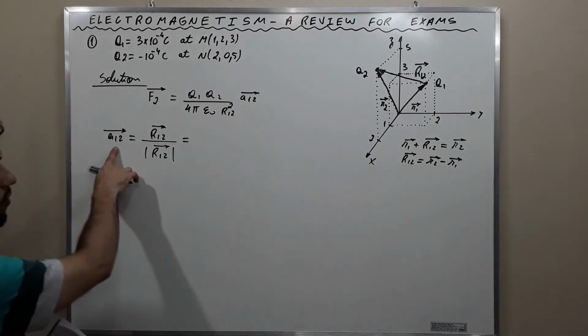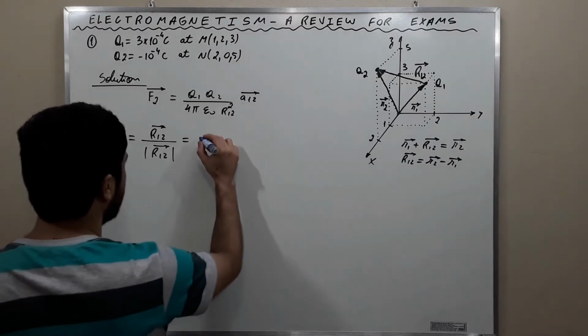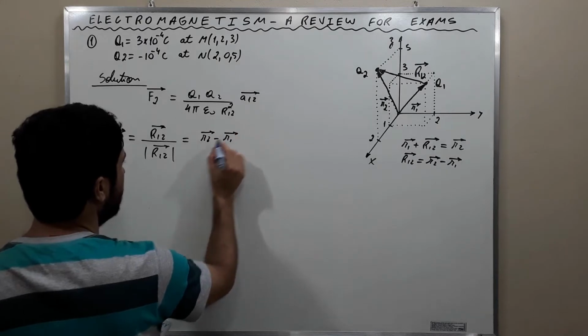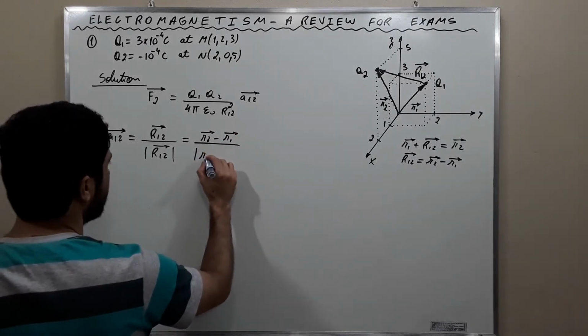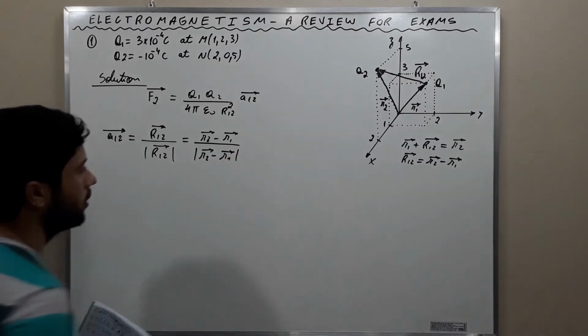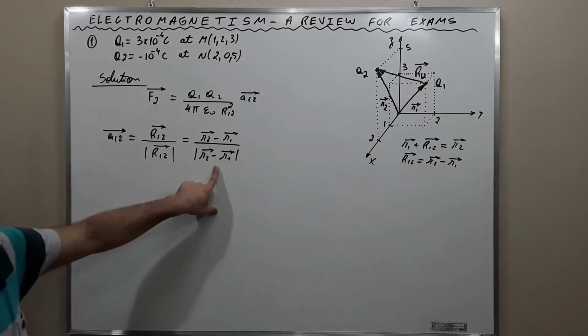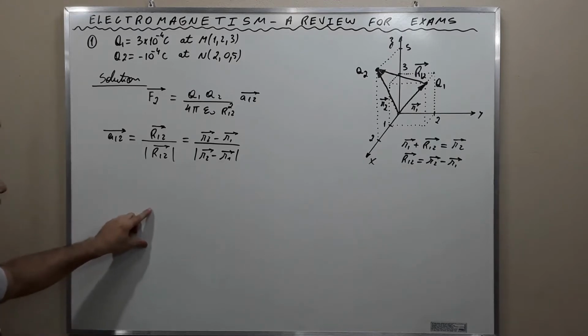So this unit vector here can be written as R2 minus R1 divided by the magnitude of R2 minus R1, because this is a unit vector.